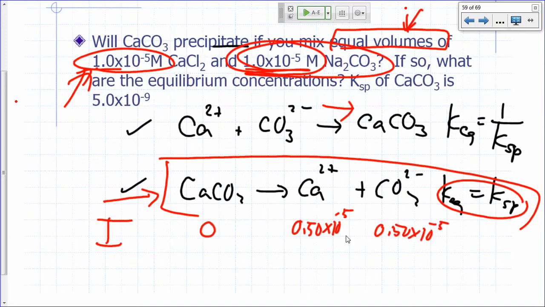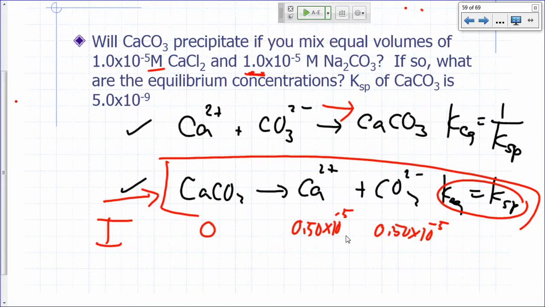This question is asking whether precipitation will occur. What does it mean if precipitation occurs? That means, which way does the reaction go? The question is really asking, will the reaction go to the left, right? Going to the left is precipitation.